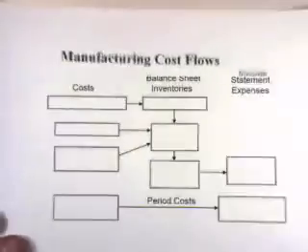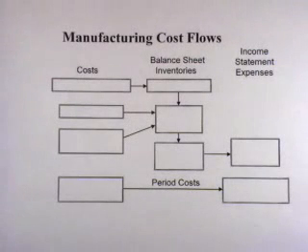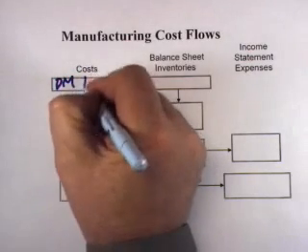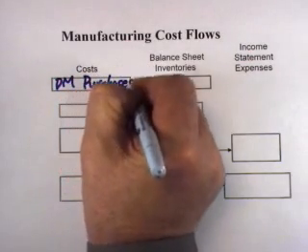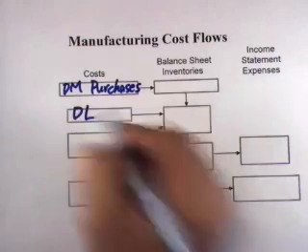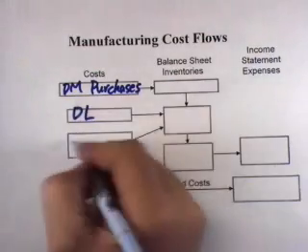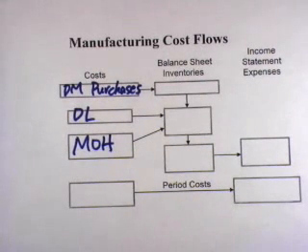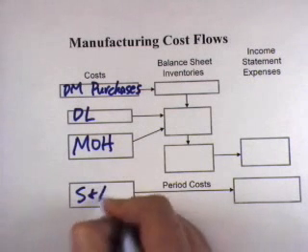And then finally, just to get another way of looking at the same thing, let's take this diagram here and list out our costs. We have direct material that we purchase, so we can say direct material purchases, and then we've got direct labor that we hire people for, and we've got manufacturing overhead as one of our costs, and then our fourth set of costs is the selling and administrative costs.